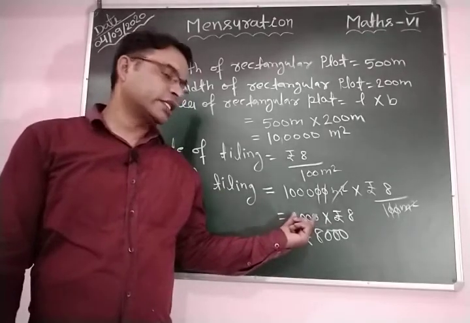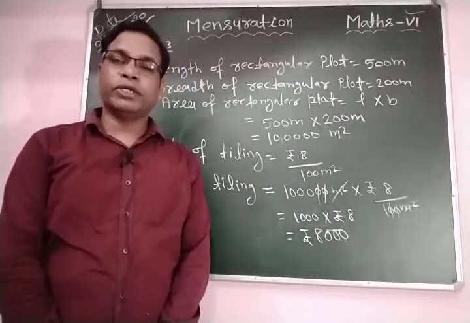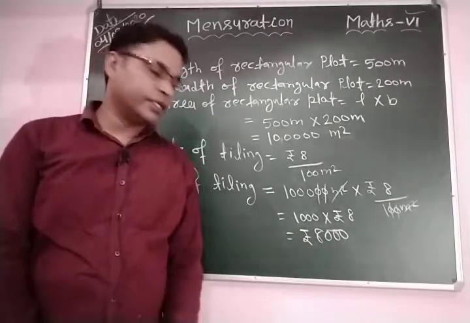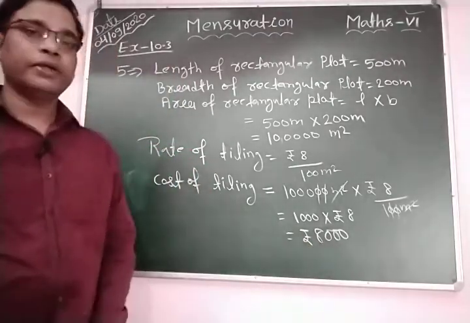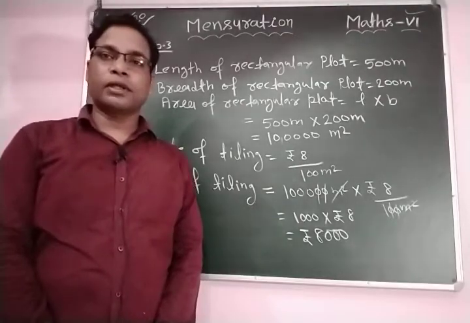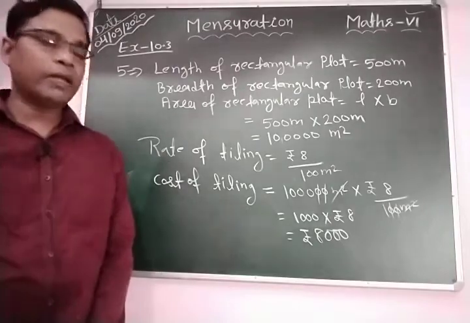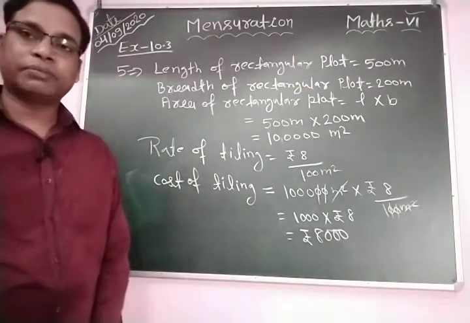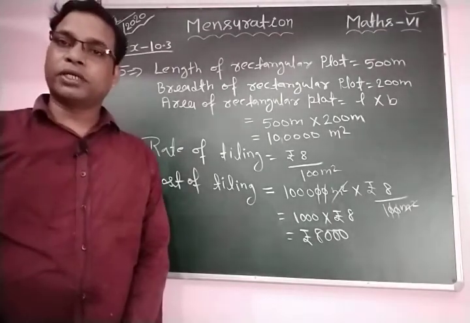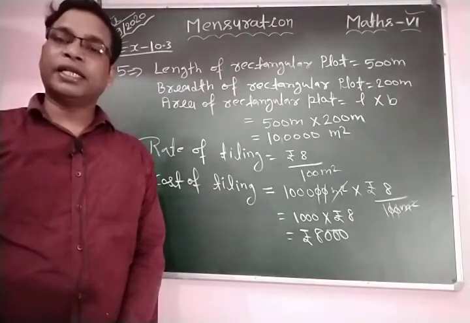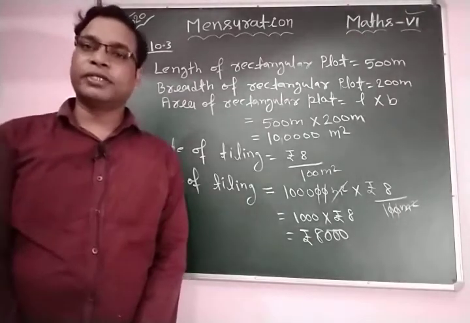In the next step we have 1000 into rupees 8, so we obtain 8000 rupees. This is the cost of tiling of the rectangular plot. Now I hope all of you understood how to find the cost of tiling of a rectangular plot if the length and the breadth are given, and the rate of tiling is also given.